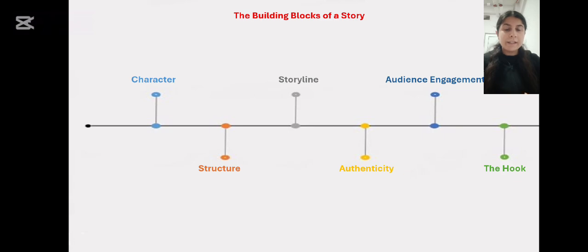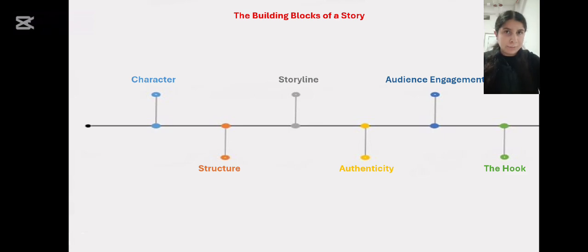Storyline. A story should chronicle what happens, whether it's a journey, experience, or discovery. Authenticity. People can really trust you if they know that you are being yourself. This is important for connection with your audience and your character.